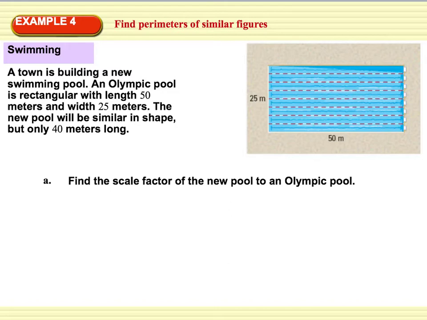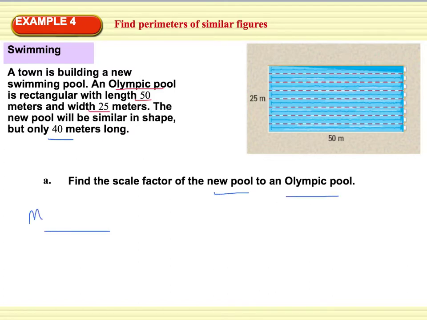So we have an Olympic pool is 50 by 25. Okay, let me underline that. The new pool, similar in shape, but only 40 meters long. Okay? So we want to find the scale factor of the new pool to the Olympic pool.